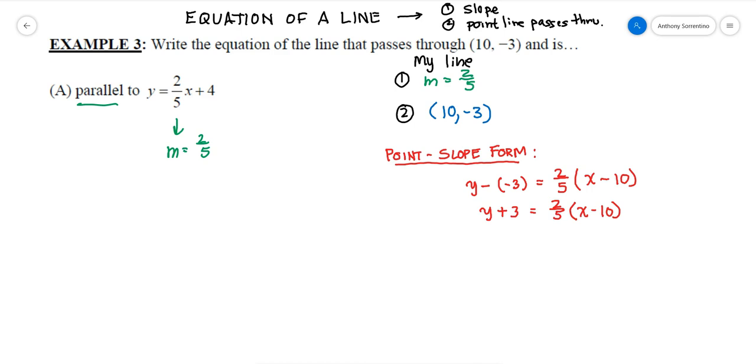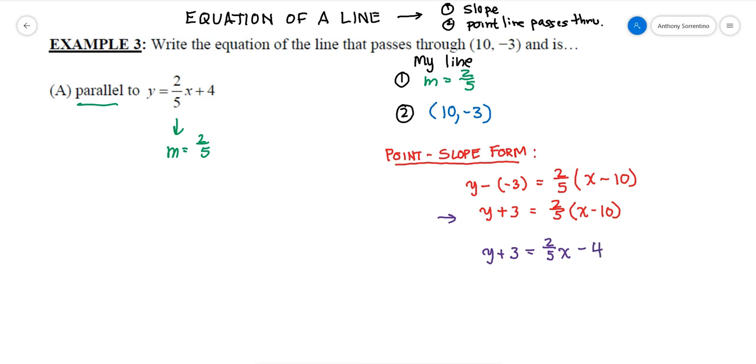However, if you wanted to put it into a particular format, say you wanted to put it in slope-intercept form, all I have to do is solve this for y and simplify it. So I could say, if going further with this, y plus 3, distributing the 2/5 up there, I'm going to have 2/5 x minus 4, because 2/5 of 10 is 4.